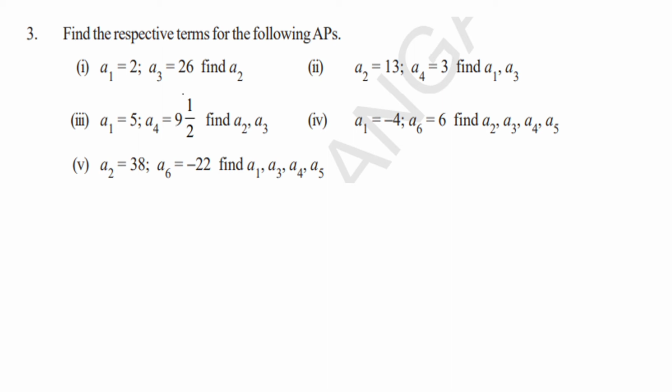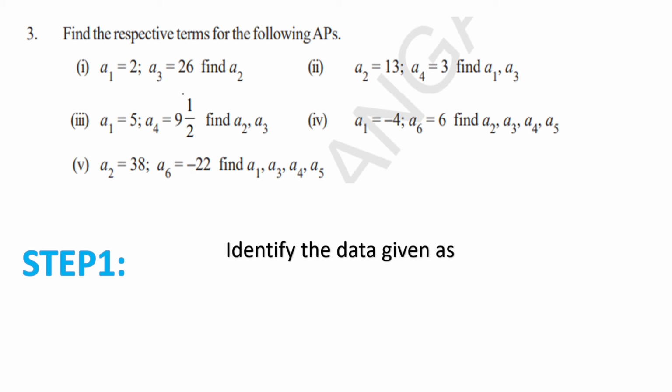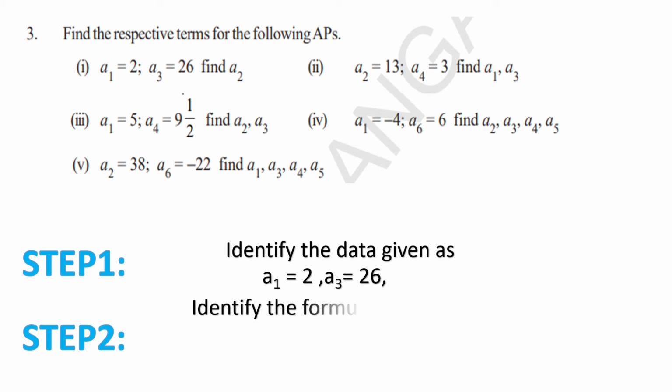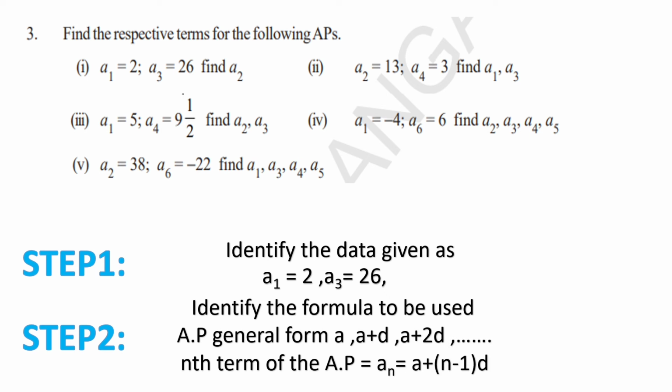Coming on to the third sum, A1 is given as 2, A3 is given as 26, and we need to find the value of A2 for the AP. So in step 1, you have to identify the data that is given, that is the A1 value and A3 value. Then in step 2, you have to identify the formula that you have to use. Here you have the general form of AP as well as the nth term of AP. So whichever is suitable, you have to consider that one.